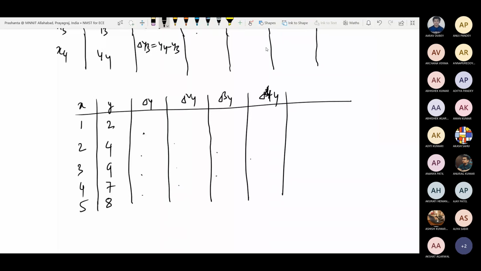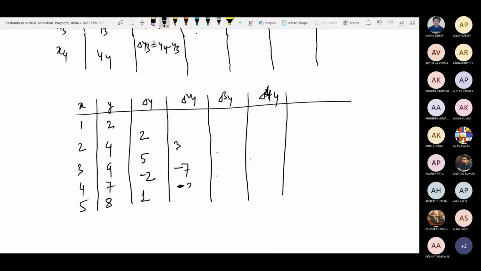What is the value at this position? 4 minus 2. That is 2. Very simple. Next, here 5, then minus 2, then 1, here 3, minus 7, 1 minus minus 2.